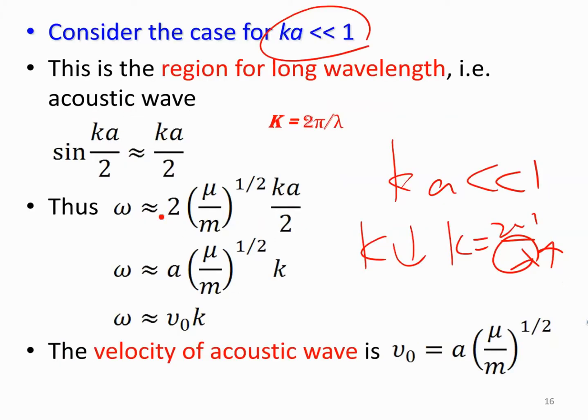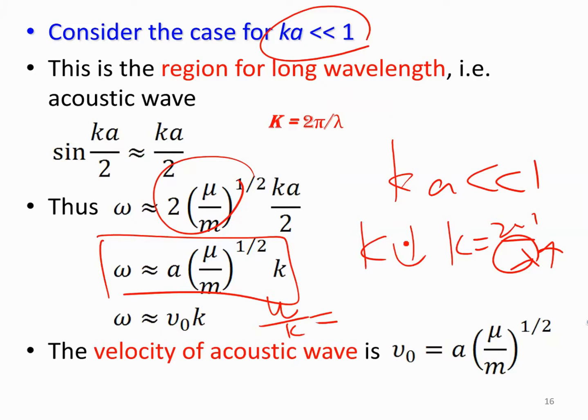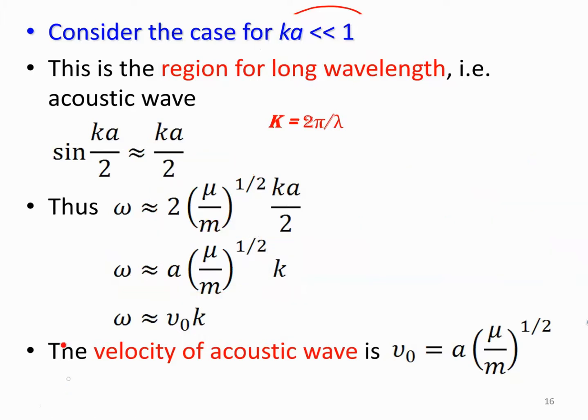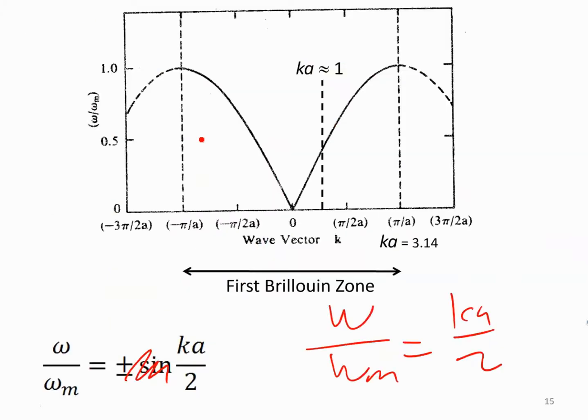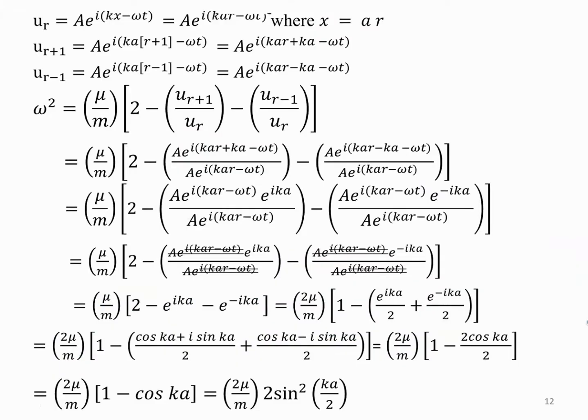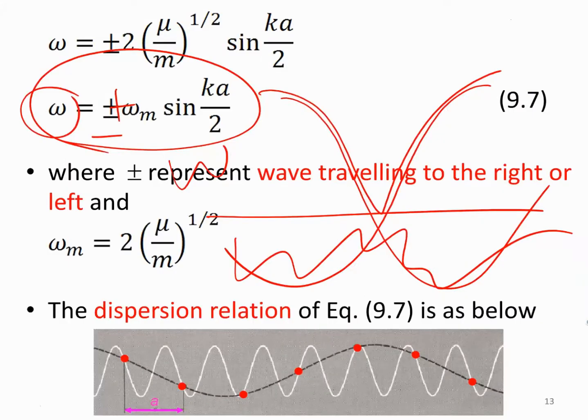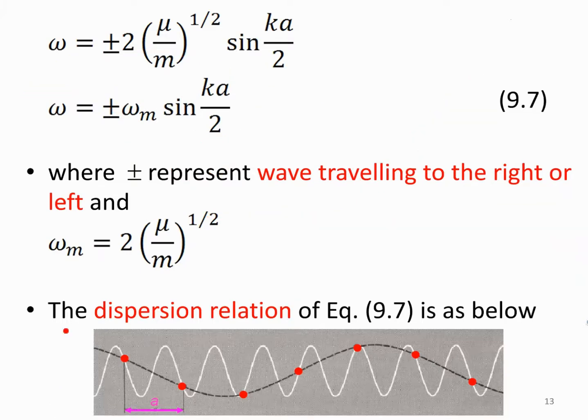Omega max equals the one we derived previously. So omega equals this equation, and omega over K equals V, right? So V naught equals this term. I repeat, for the first region where K is very small, we can replace sine Ka with Ka in the complete equation.